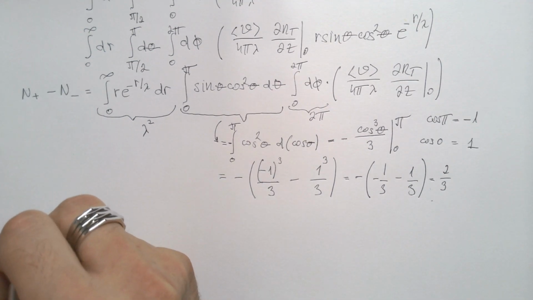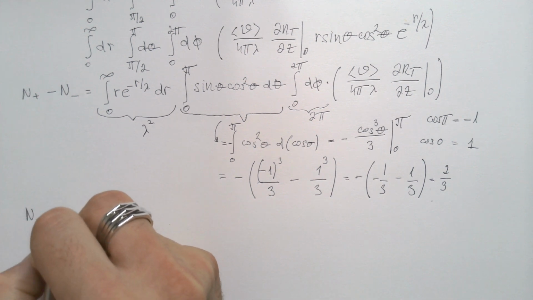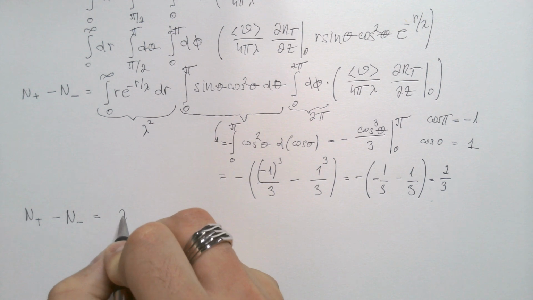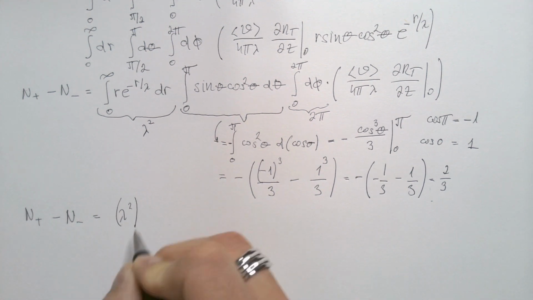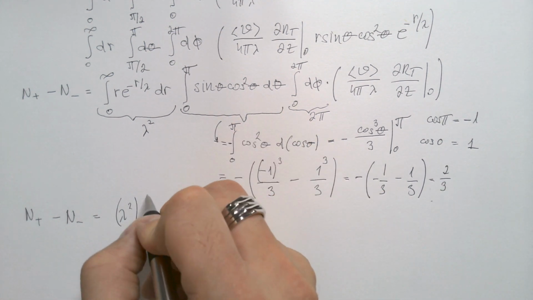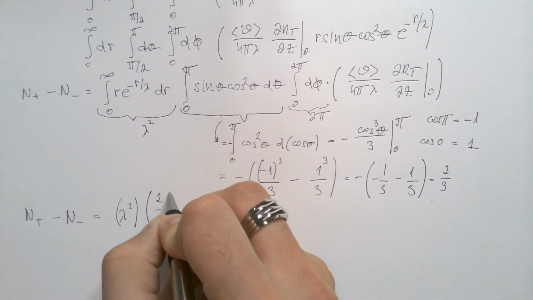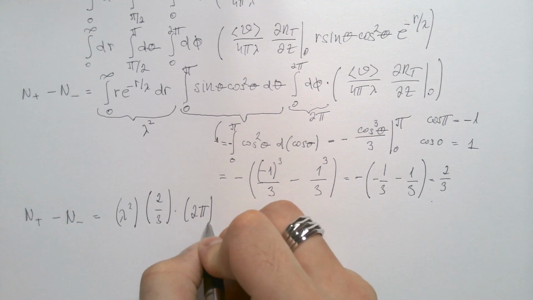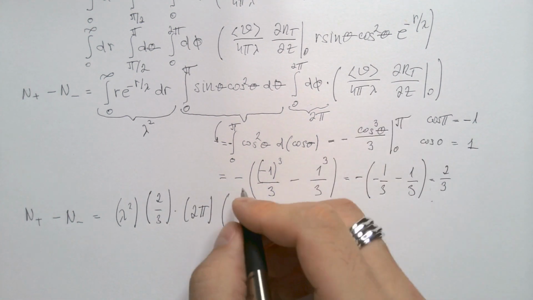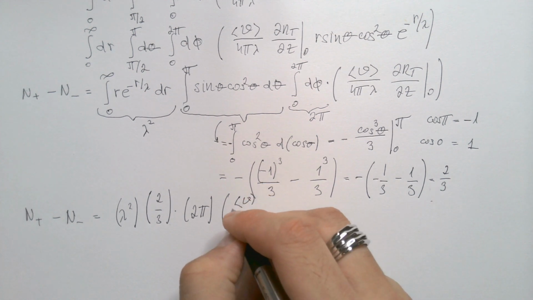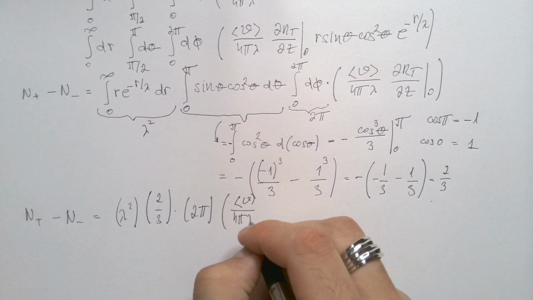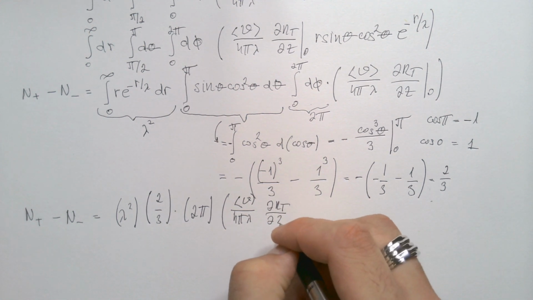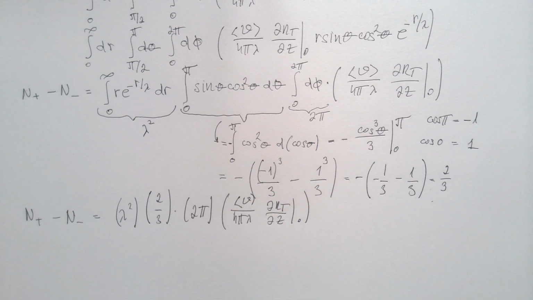Which means I can write now that n positive minus n negative is equal lambda squared, that's the first integral. The second integral I just calculated to be 2 over 3 times. This integral is 2 pi times this constant average v divided by 4 pi lambda delta nt delta z evaluated at 0.